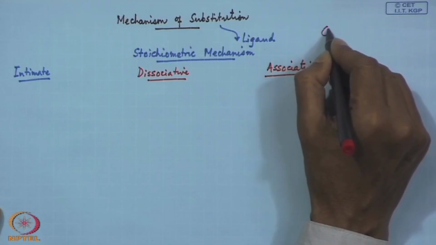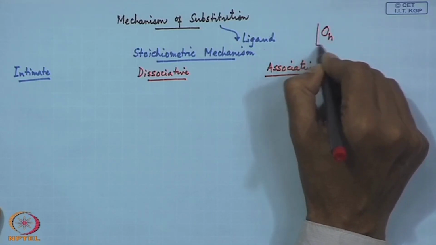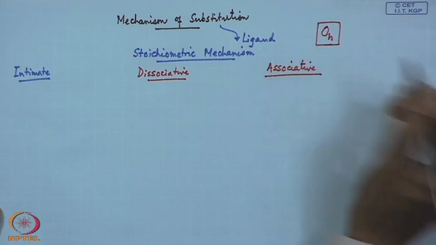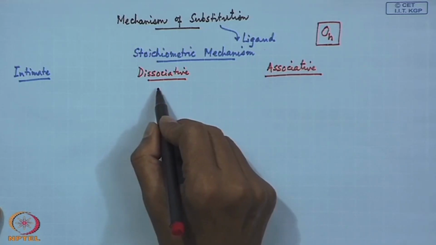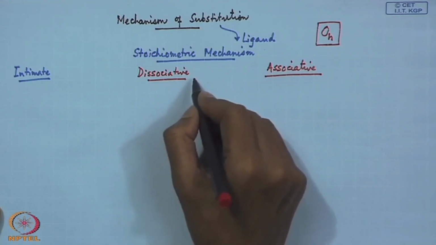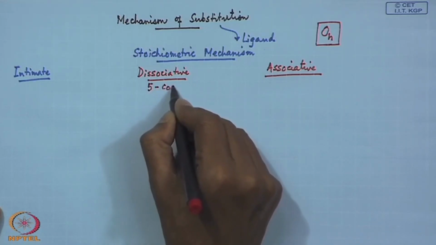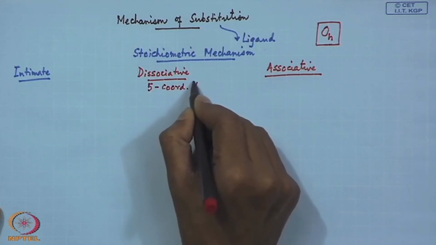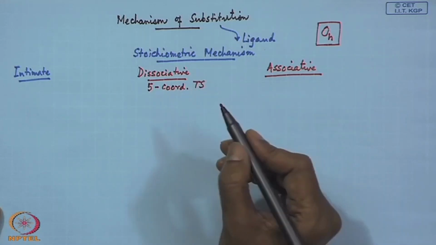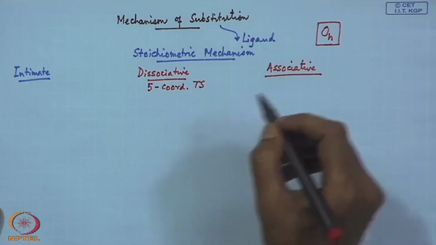So, if we are talking about the corresponding octahedral complex, if one ligand is going away, in the transition state we have a 5 coordinated system with that of the reactant.